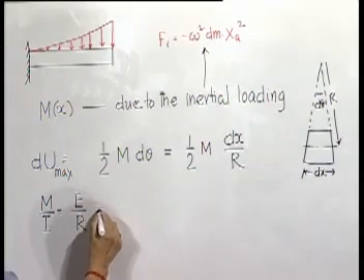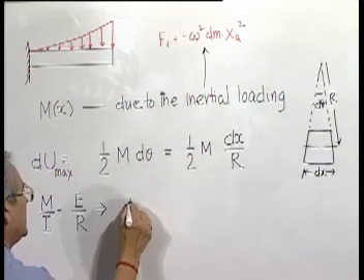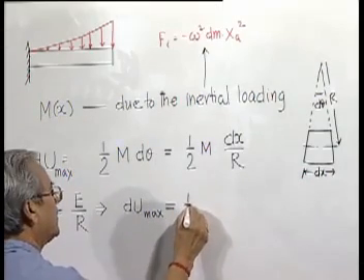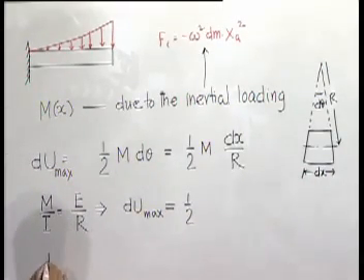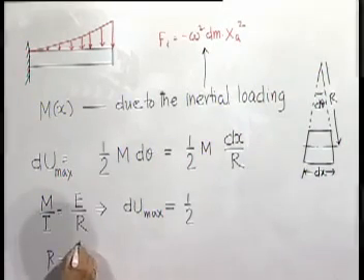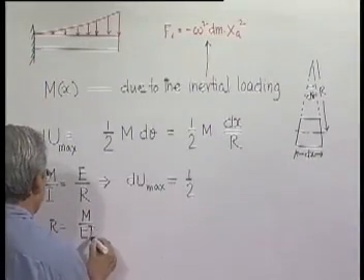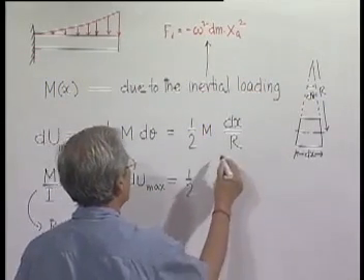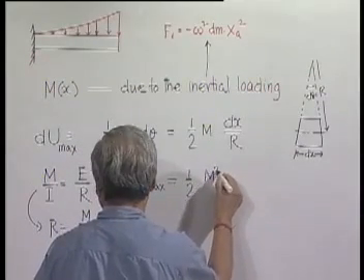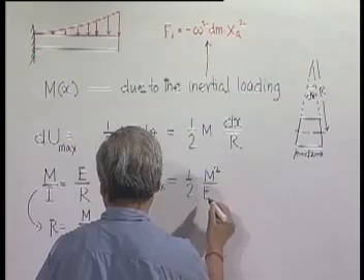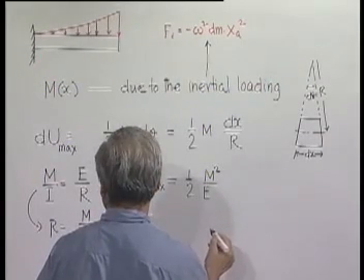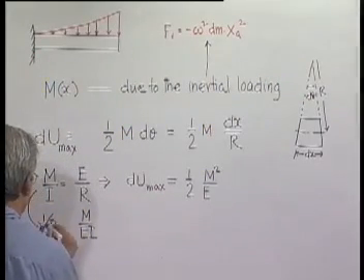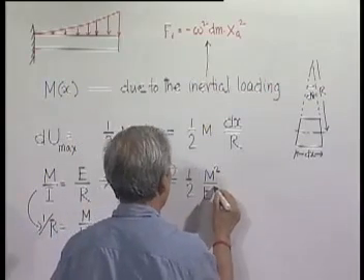So, using this, we get for the element the maximum strain energy stored is half M d theta. Here 1 by R is equal to M by EI. So now let us use this here. It will be M square by EI.